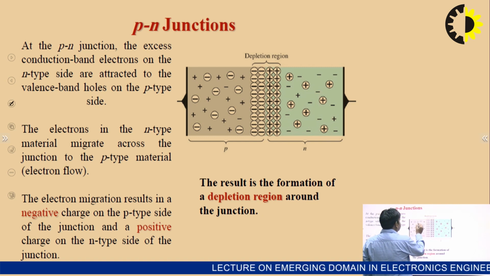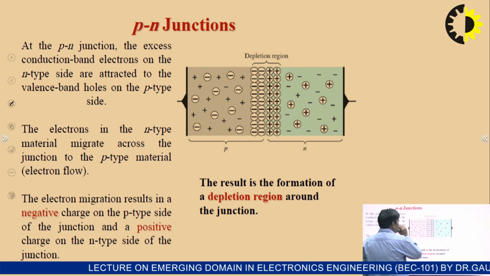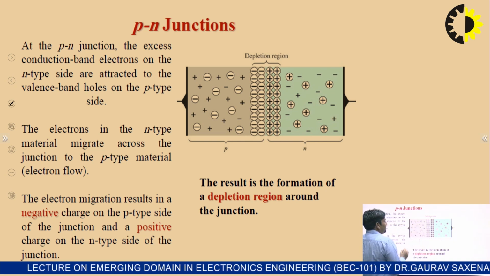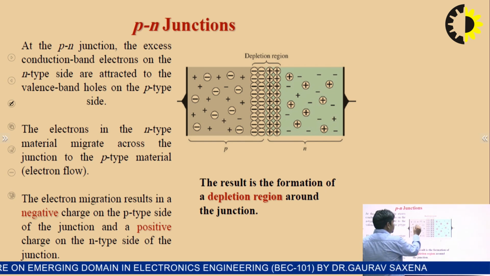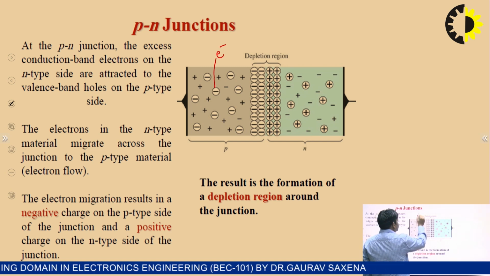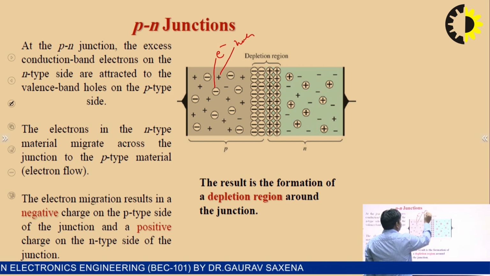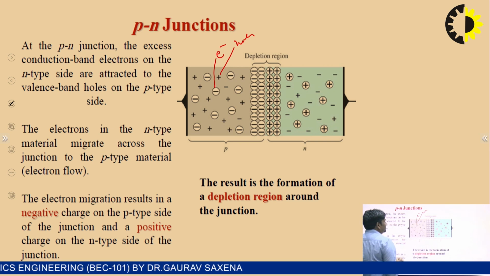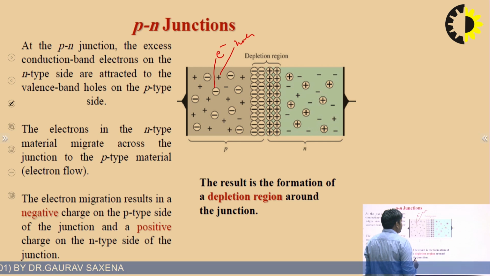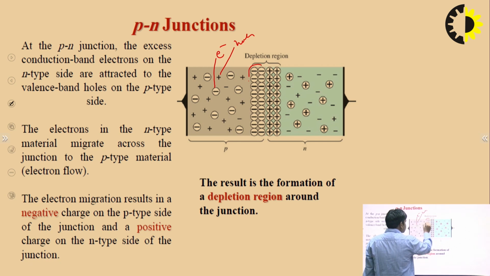Here you have to see that in the p type material, the holes are majority carriers and the electrons are minority carriers. This is the electrons and this is the holes. There are negative ions in the p type and positive ions in the n type.